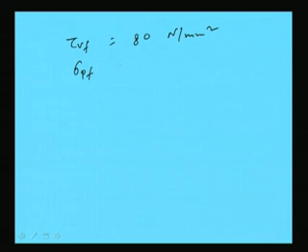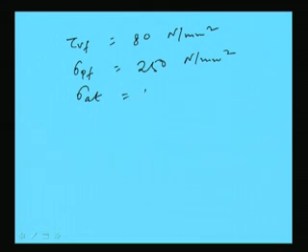Now, for hand driven rivet, tau VF will be 80 Newton per millimeter square as per the codal provision, and sigma PF will become 250 Newton per millimeter square, and sigma AT will become 150 Newton per millimeter square.